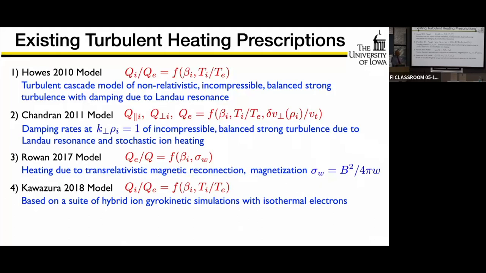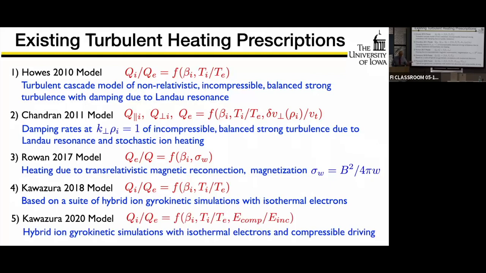In fact, this model more or less verified at least the qualitative features of the Howes 2010 model with some minor quantitative adjustments. And then more recently in 2020, they actually did a model with some compressible driving and were able to modify this to include the effects of a varying amount of compressible driving as well.